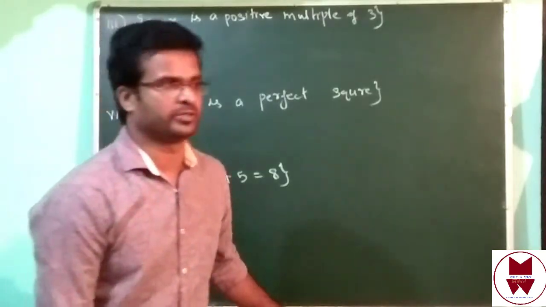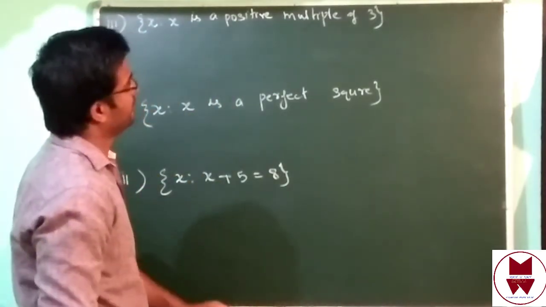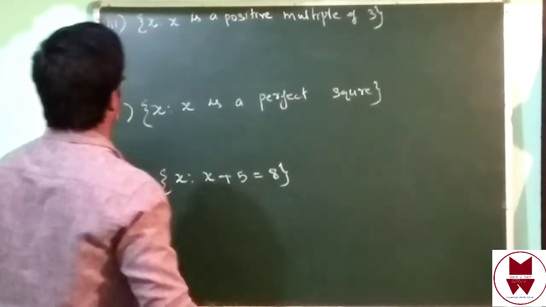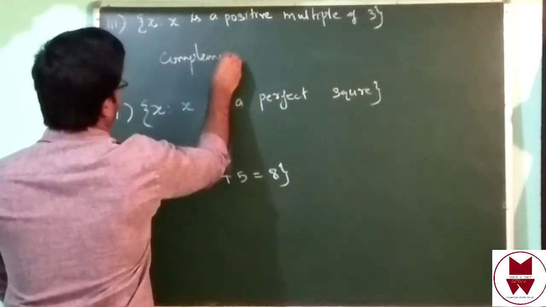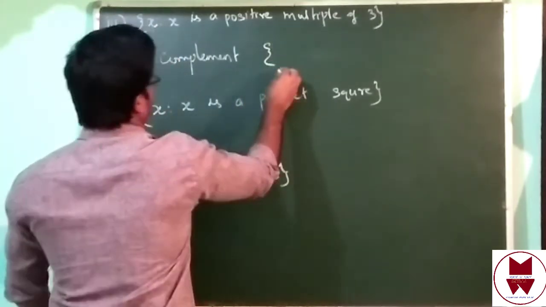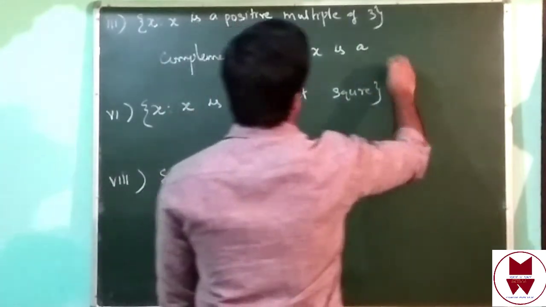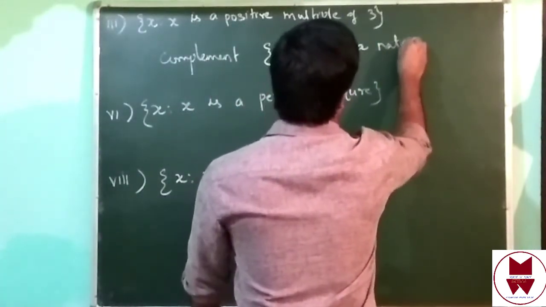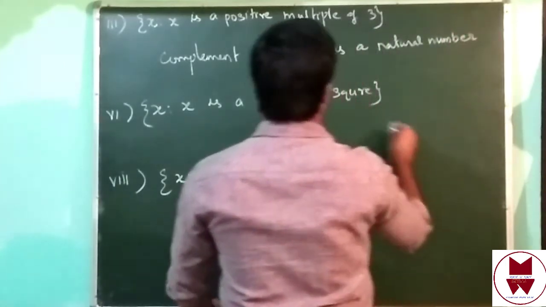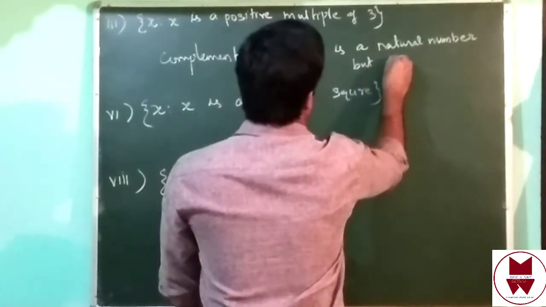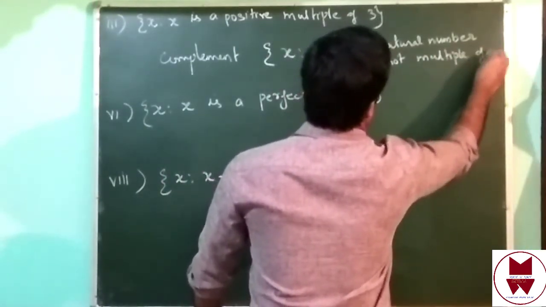You can see the remaining question. Roman number 3: x is a positive multiple of 3. When you write the complement, we can write the set of x such that x is a natural number but not a multiple of 3.